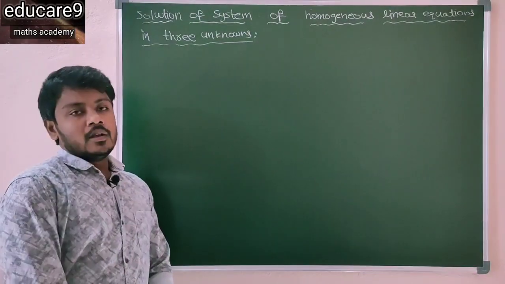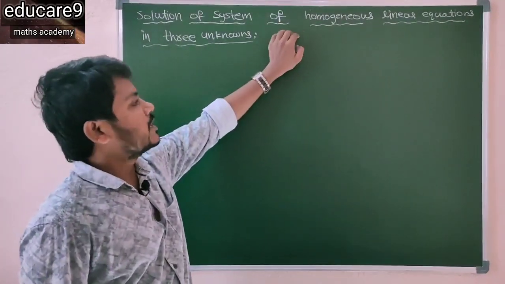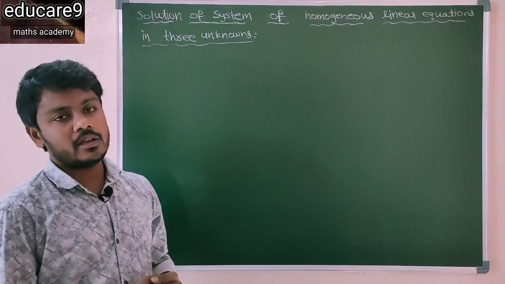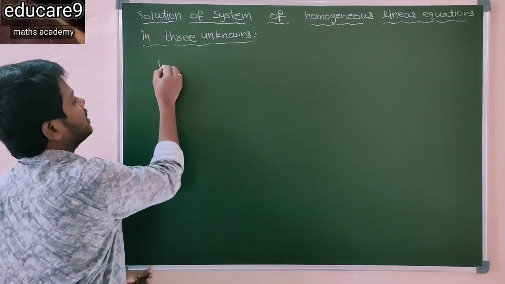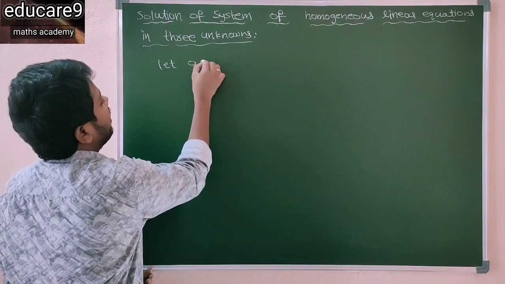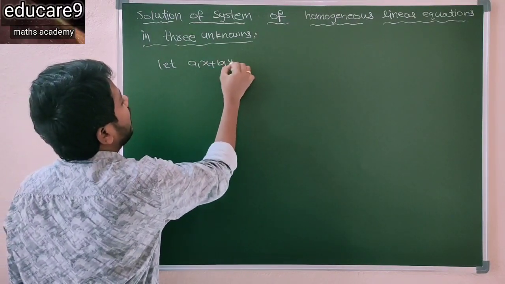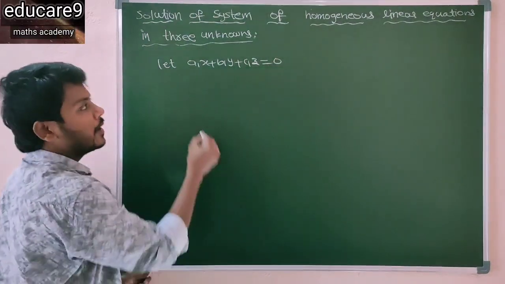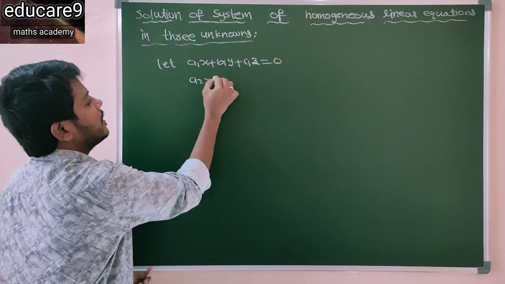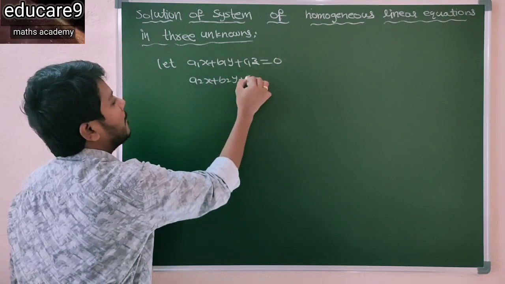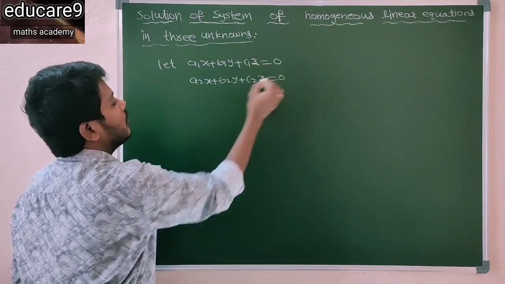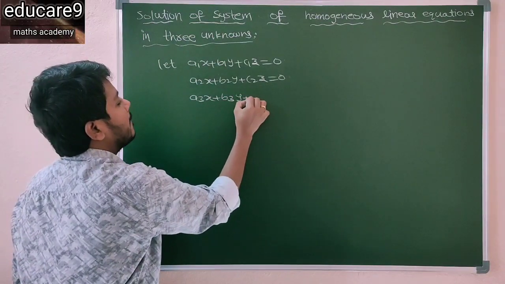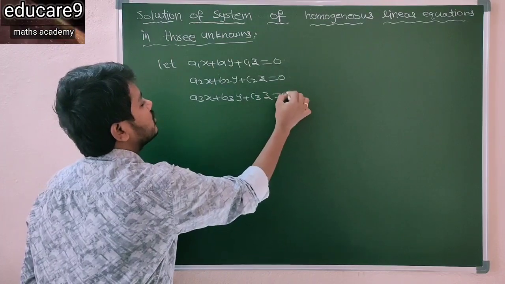Okay. So see the next one. Solution of system of homogeneous linear equations in three unknowns. So let us consider a1x plus b1y plus c1z is equal to 0, and a2x plus b2y plus c2z is equal to 0, and a3x plus b3y plus c3z is equal to 0.